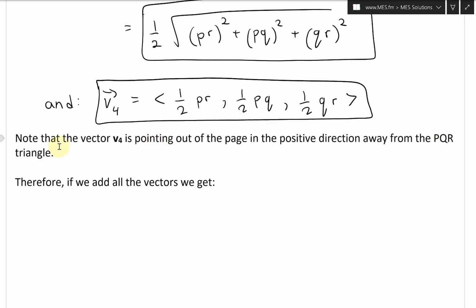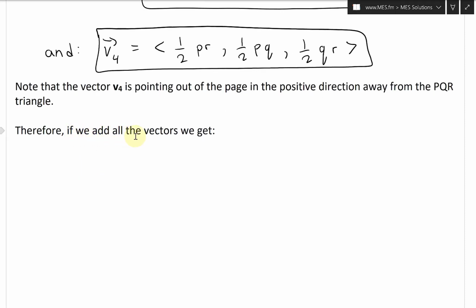All right, so now that we have all these vectors, note that the vector V4 is pointing out of the page in the positive direction away from the PQR triangle. And yeah, so now therefore, if we add all the vectors, let's just write these down. So V1 vector plus V2 vector plus V3 vector plus V4 vector equals, and this is going to be the component there.